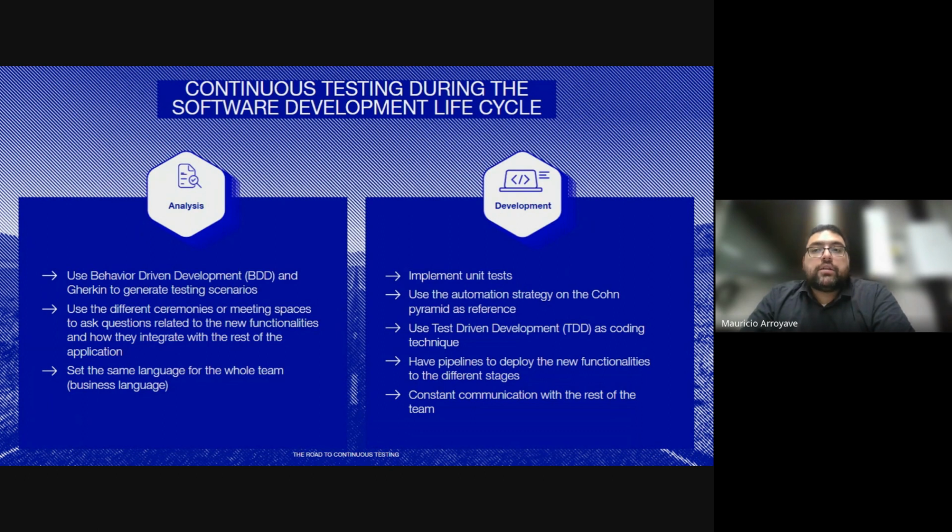Again, we are testing while we are in a coding stage. Maybe we don't have a final application yet, but we are testing. And those unit tests, you can take them and put them in a pipeline, and every time a commit or change goes to the repository, you are going to verify everything still works.